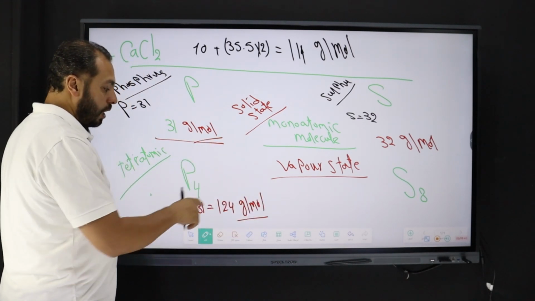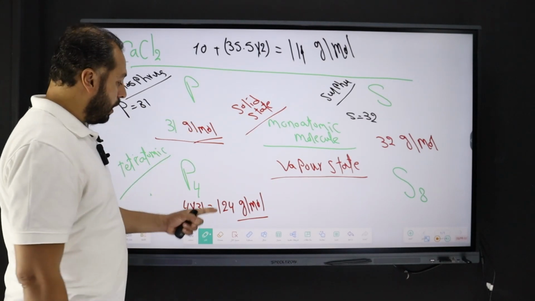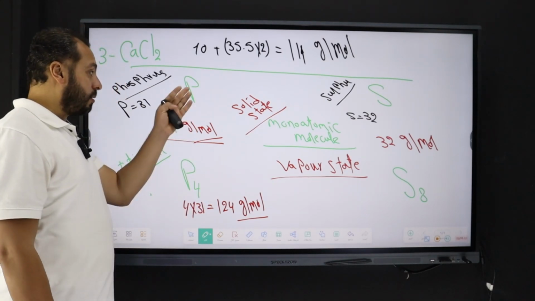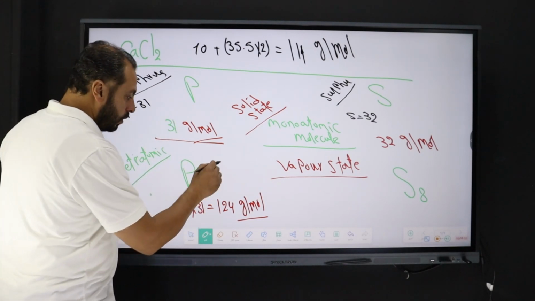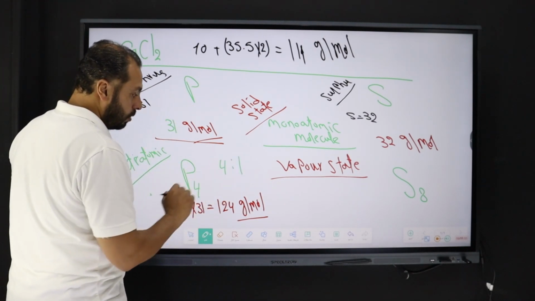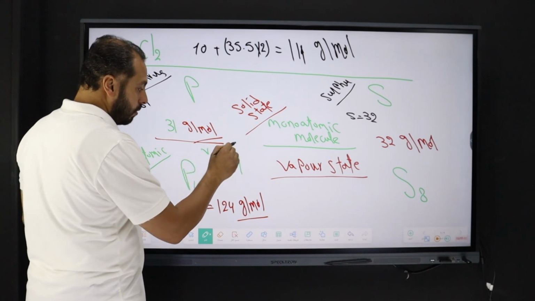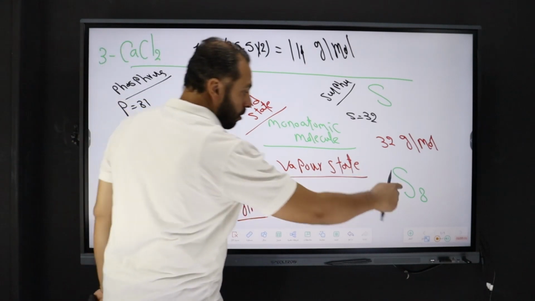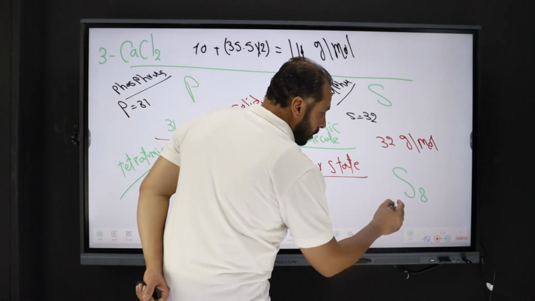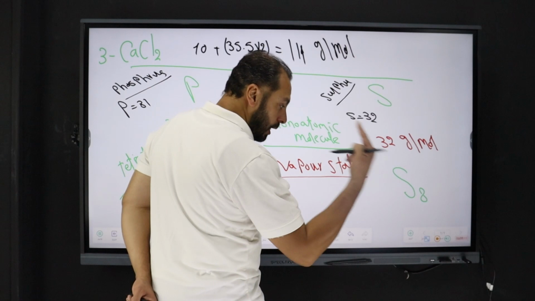So if I want to calculate the ratio between vapor state and solid state, it will be 4:1. 4 in vapor state, but 1 in solid state. In case of sulfur, we have 8 atoms in each molecule.